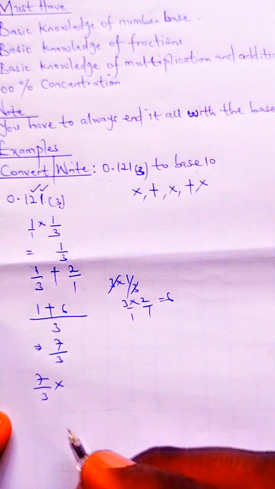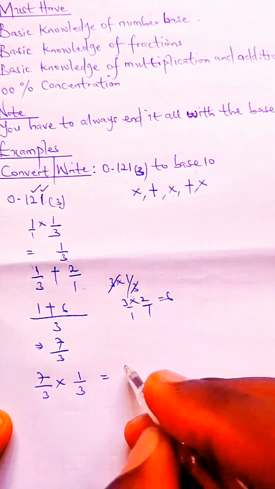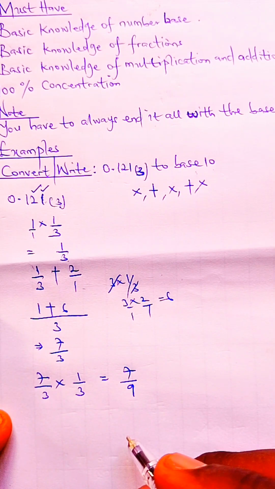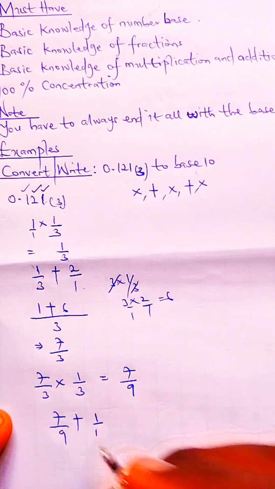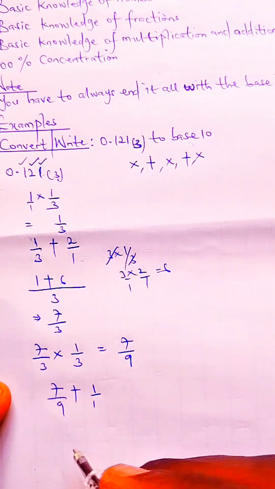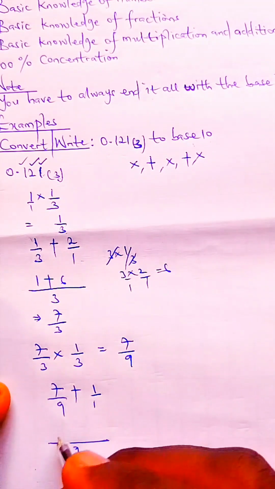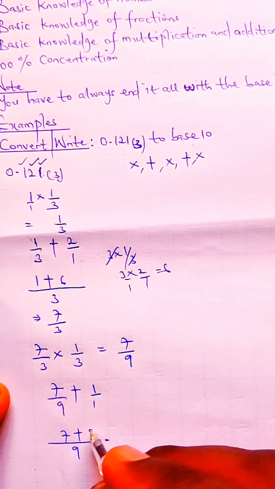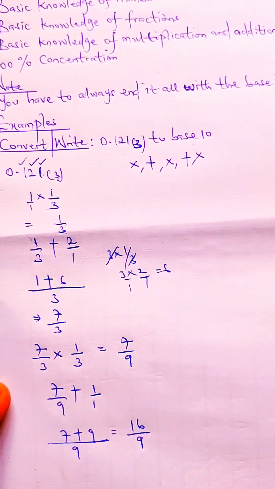So 7 over 3 times 1 over 3 gives me 7 over 9. Then after times, the next thing we do is add up: 7 over 9 plus the next number, 1. LCM of 9 and 1 is 9. 9 times 7 over 9 is 7. 9 times 1 over 1 is 9. 7 plus 9 is 16 over 9.